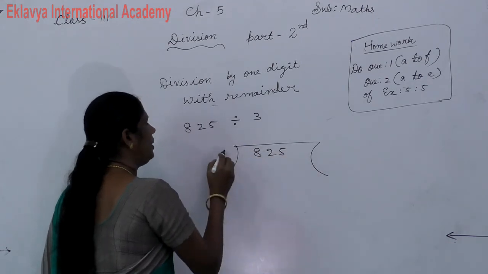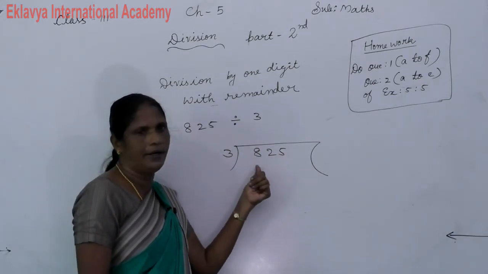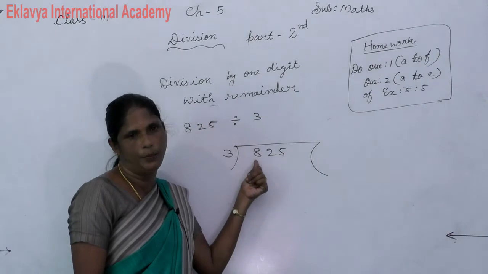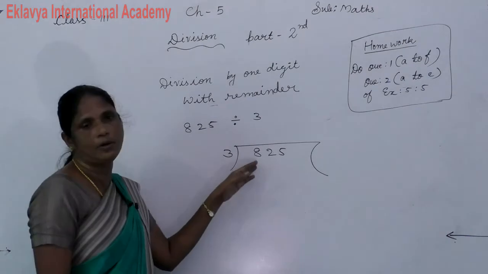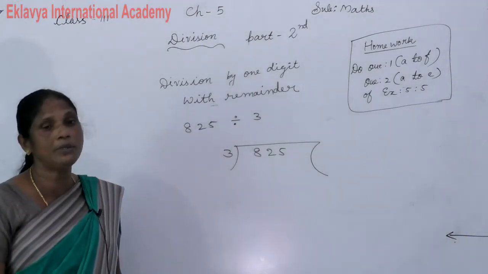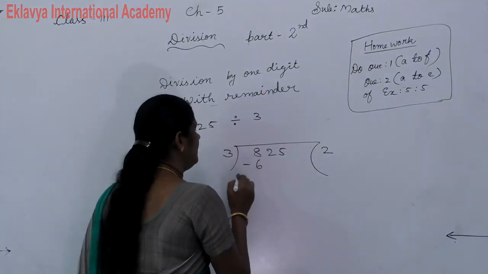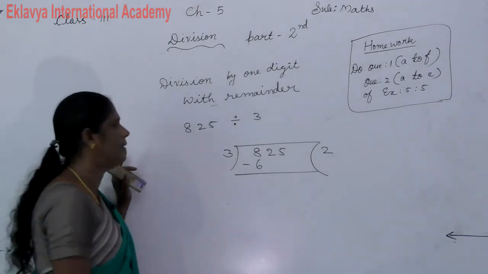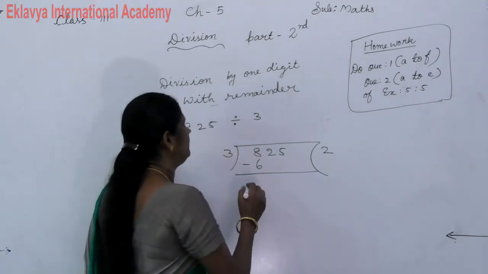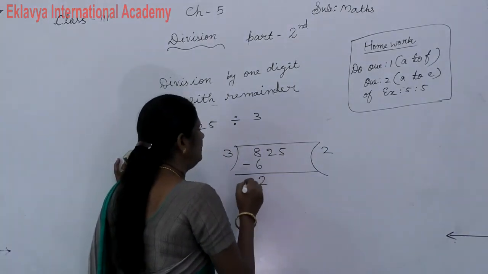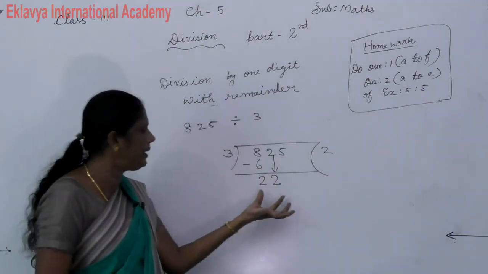Again ones, tens, 100. We start with the 100 place. Now the table of 3, how many times gone in 8? 2 times. Then 6. Now you subtract. 6 take away from 8, 2. Then this 2 comes downside. Now our number is 22.